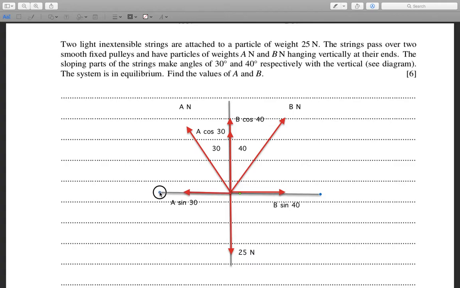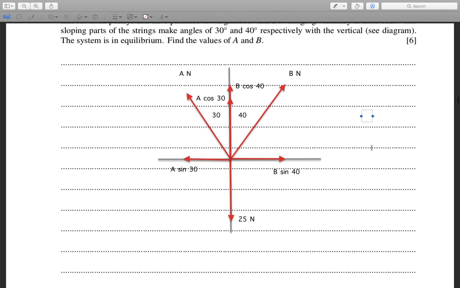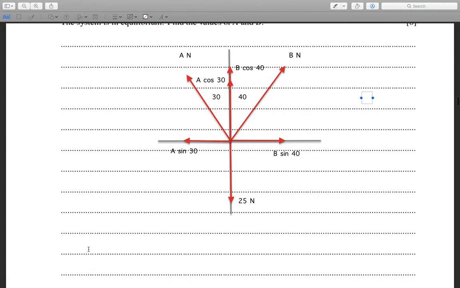If it is in equilibrium, the total force equals 0.